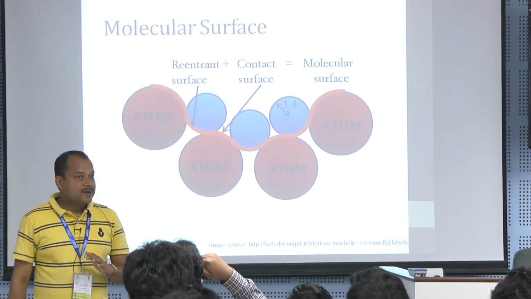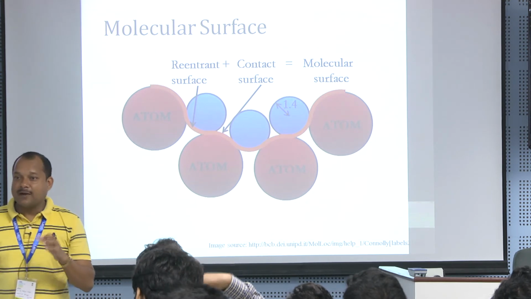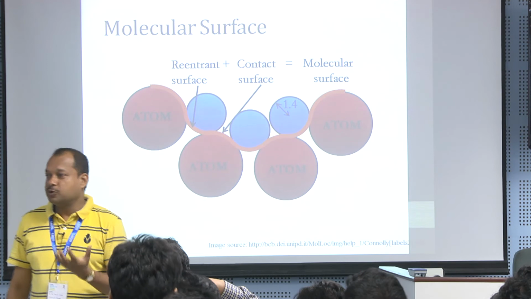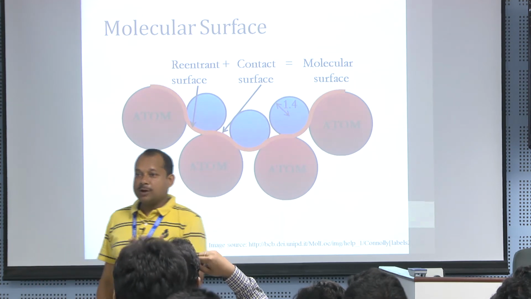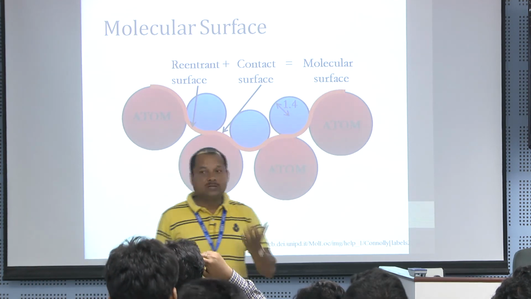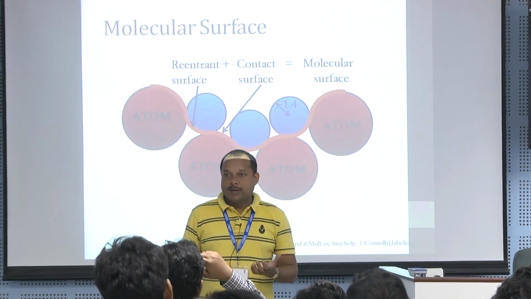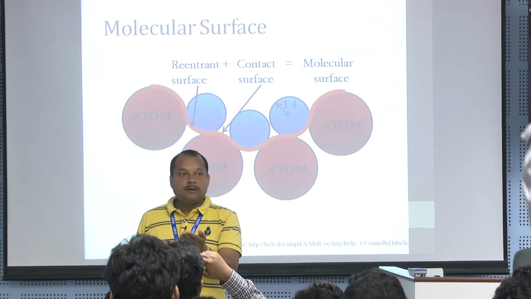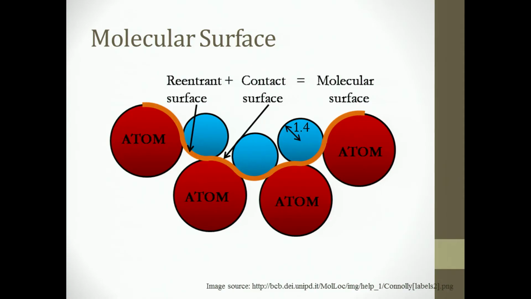Now, what is the advantage or benefit of this proposal? It is very simple. Most of the time a protein or any molecule is in some solution, and if I consider it is water, then I am only interested in those atoms which are accessible by the water molecules.